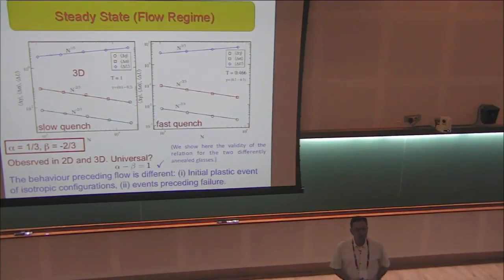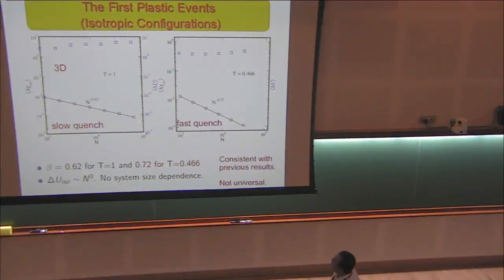The initial plastic rearrangement that happens in the system must depend on the history of the glass and on the behavior of a material that's isotropic in every way. The second regime that is of interest is once the system has begun to deform plastically, but before I reach the yield point, and one can ask what happens in that regime. This is, again, for the 3-dimensional system that we've most recently been looking at, the behavior of the system.